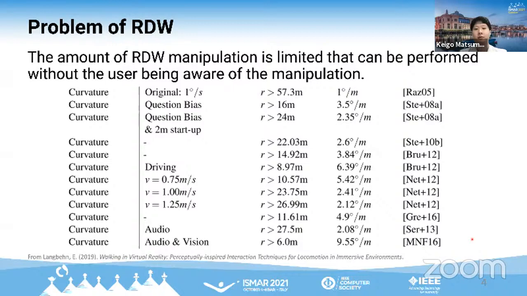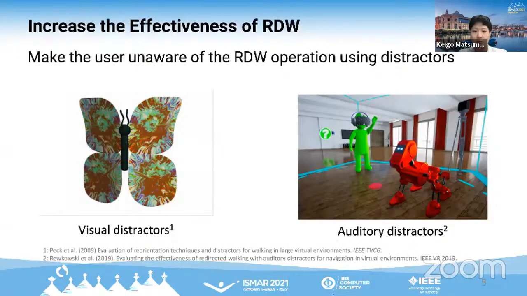To increase the effect of redirected walking, researchers have proposed several approaches. One method is using visual and auditory distractors, so as not to let users notice the redirected walking manipulation.